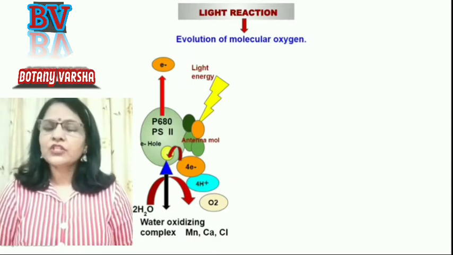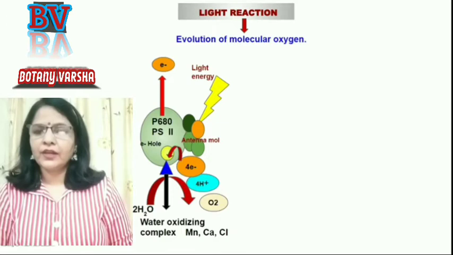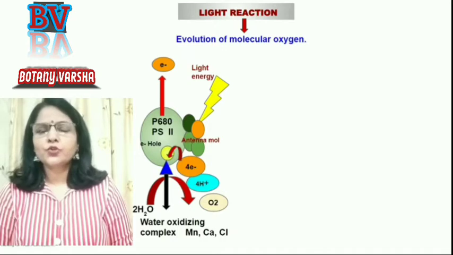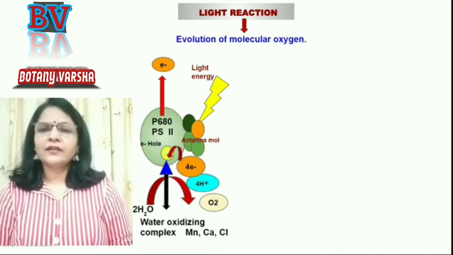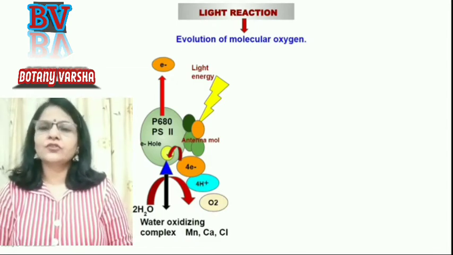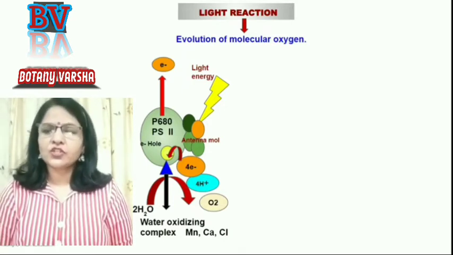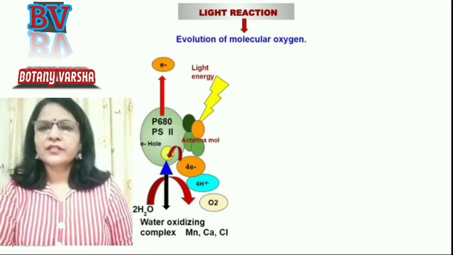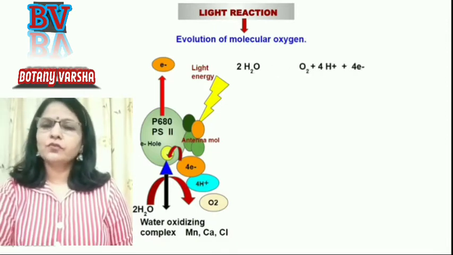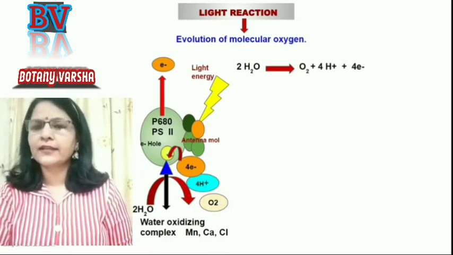The hole which was produced after photooxidation of PS2 will be filled with this electron, bringing it back to the ground state. So this is the reaction in which two water molecules photooxidize and produce molecular oxygen, protons and electrons.